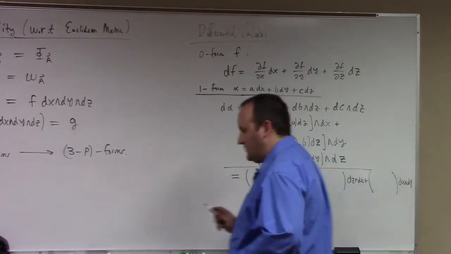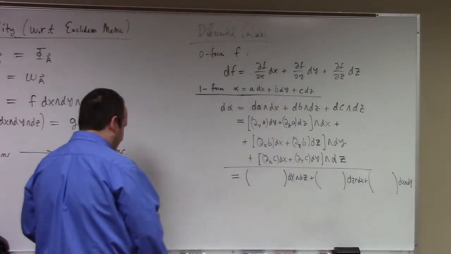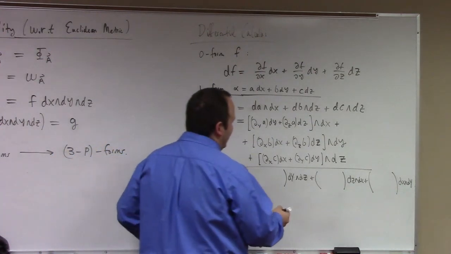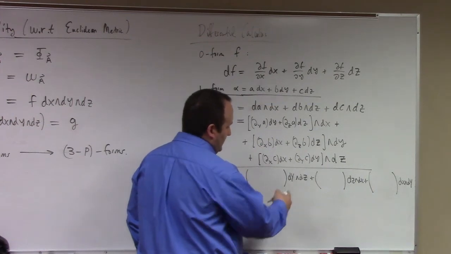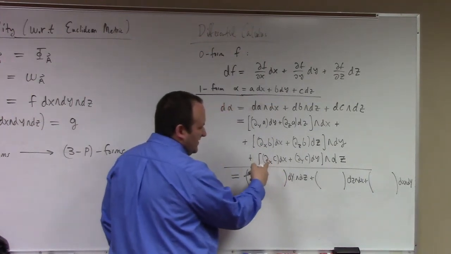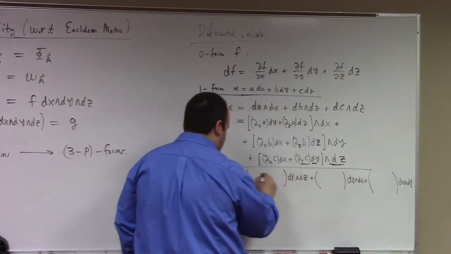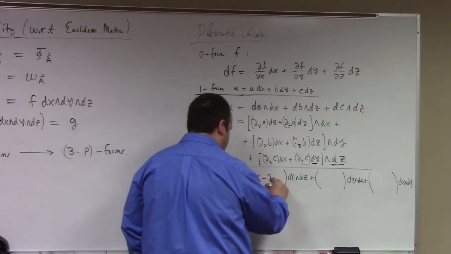Each one of these should have two derivatives in there. Eventually I'll get it. Okay, so to get y and z, for example, this and that, right? So we've got partial y c minus partial z b.